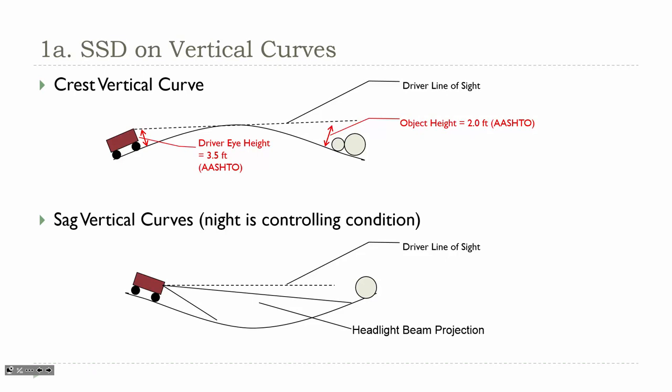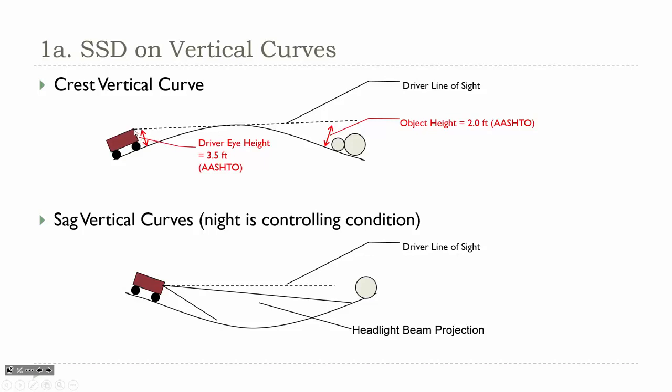All right, so stopping sight distance on vertical curve. For a crest curve, again, we have the vehicle, not a red wagon, crossing the vertical curve. Crest is the hill, sag is the valley.